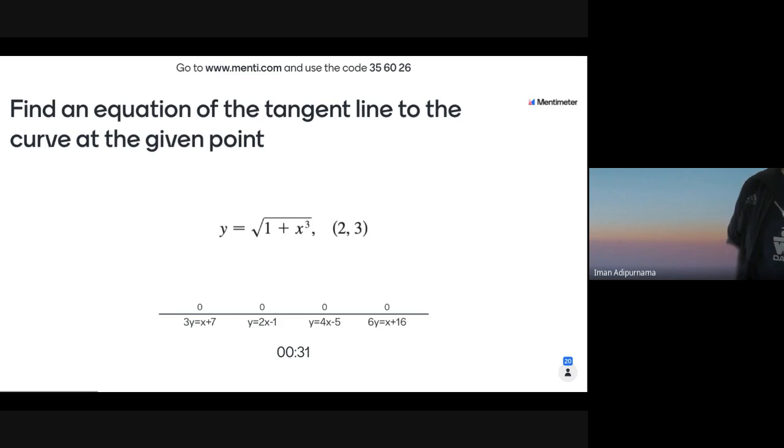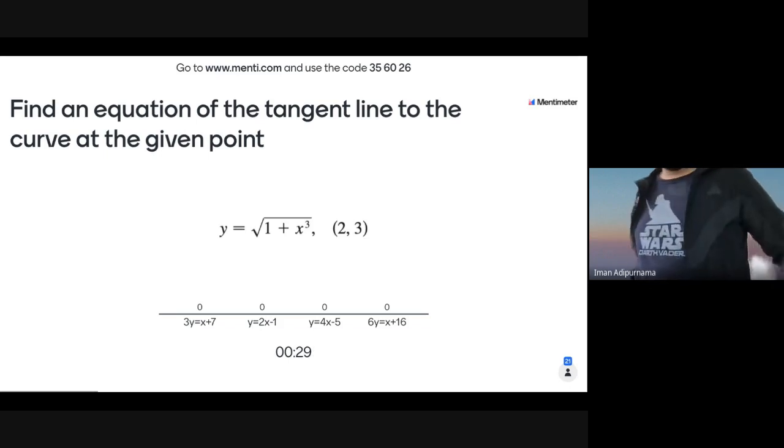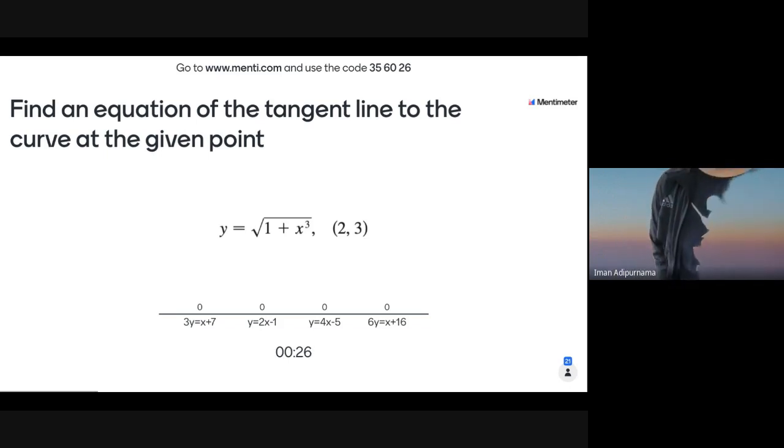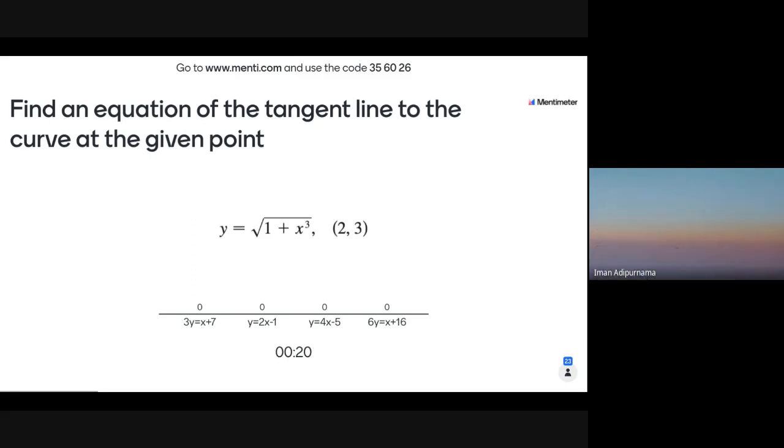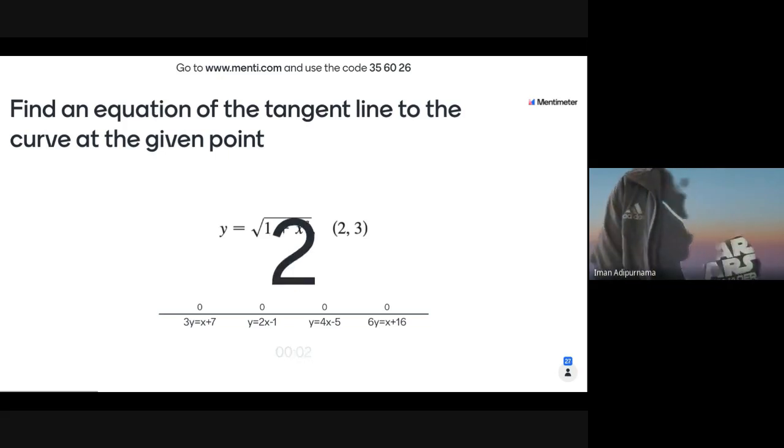Still half a minute, 30 seconds. Four, three, two, one.